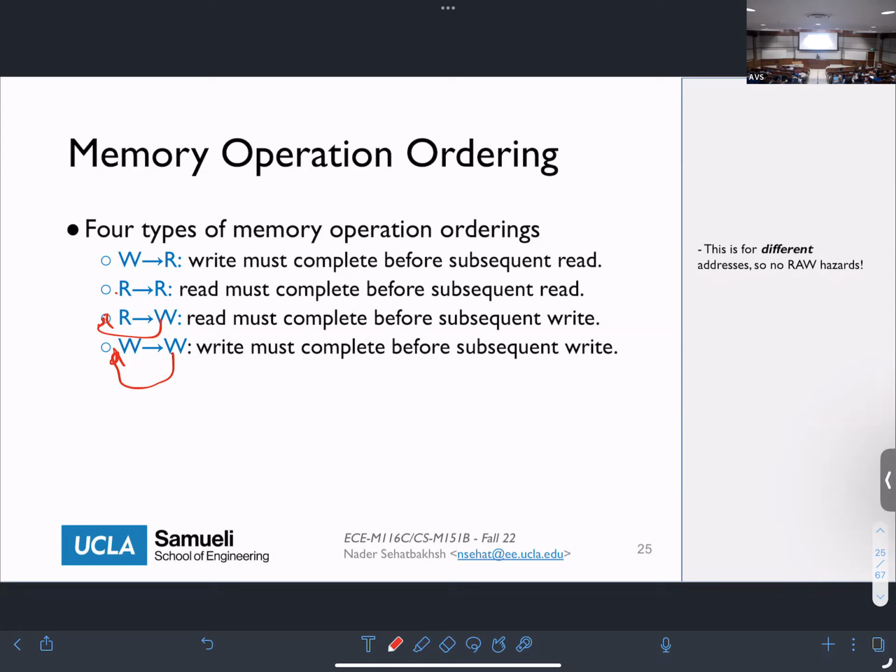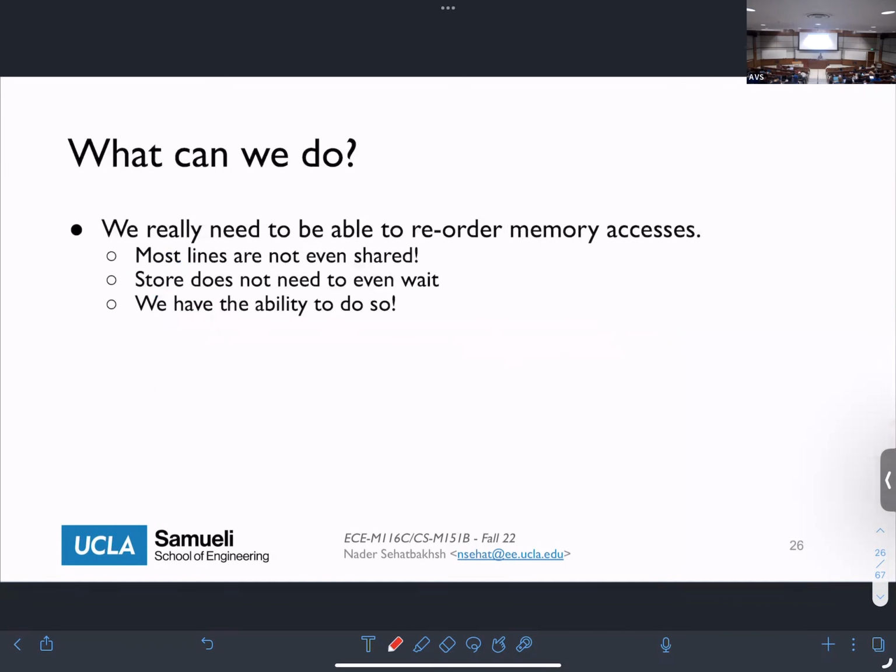So sequential consistency basically says don't do any of these. Don't reorder things at all. You're not allowed to. And this fixes the issue of reordering within one core. Any questions? But what we really want to do is, for performance purposes within one core, we want to be able to move things.